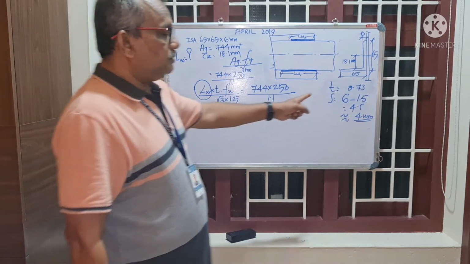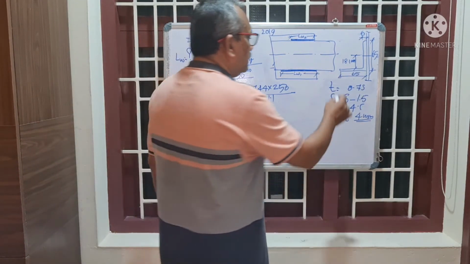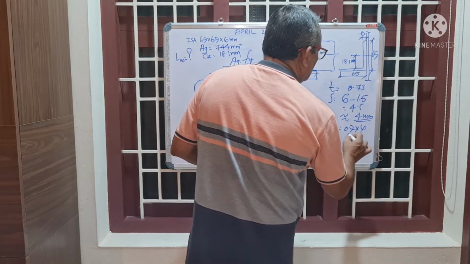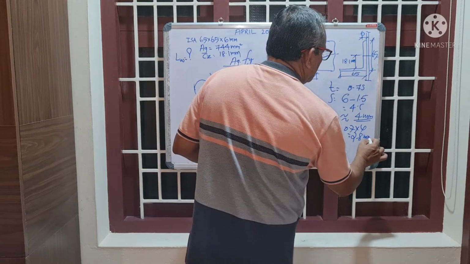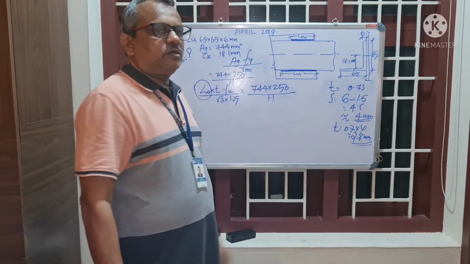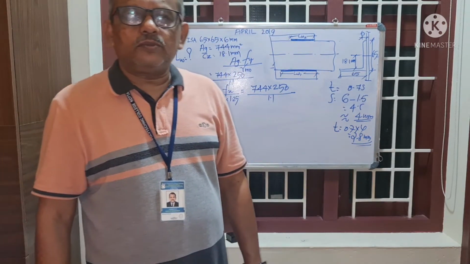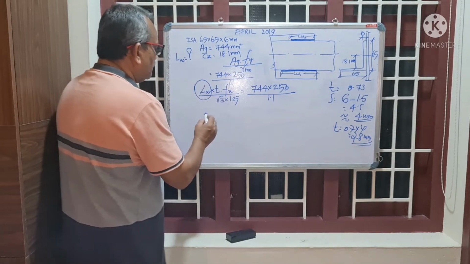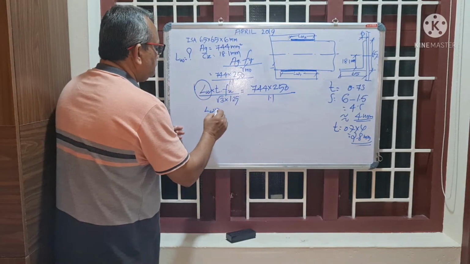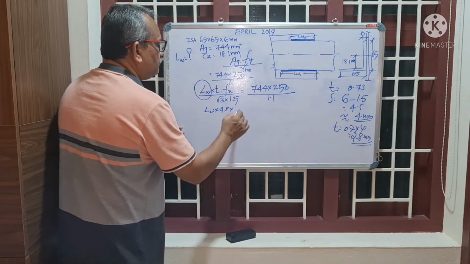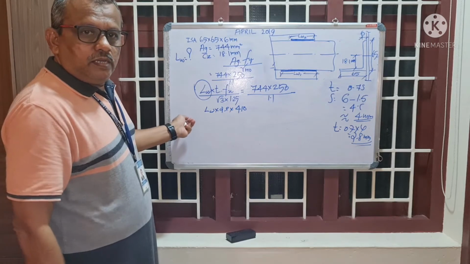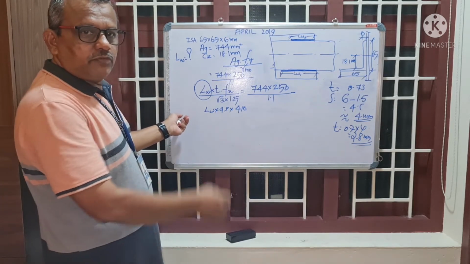4 mm as the size of the weld. Therefore, throat thickness t is equal to 0.7 into 4 equals 2.8 mm. So that value you can equate here. LW into 2.8 into fu, what is it? You know, the grade is Fe 410.